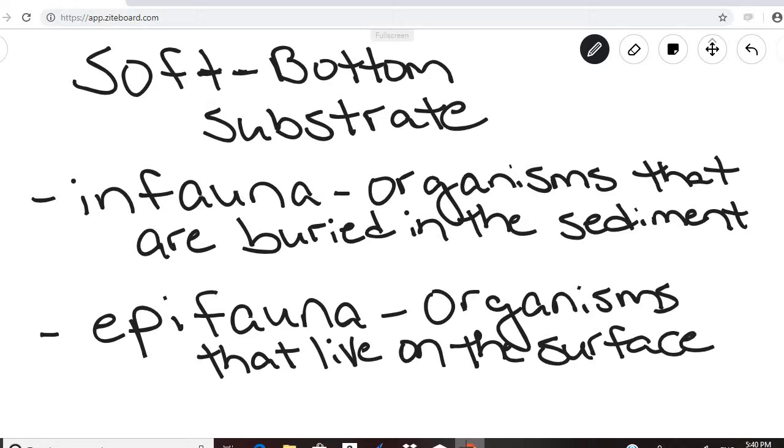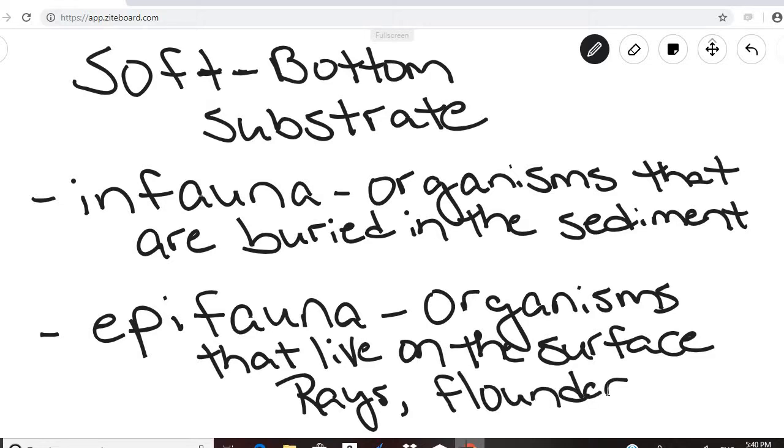So infauna would be those organisms like crabs and other organisms that actually burrow down into the soft bottom. Epifauna would be those that live on the surface. So here we will be talking about things like rays or flounder. Those are those types of flatfish that often live on the bottom.